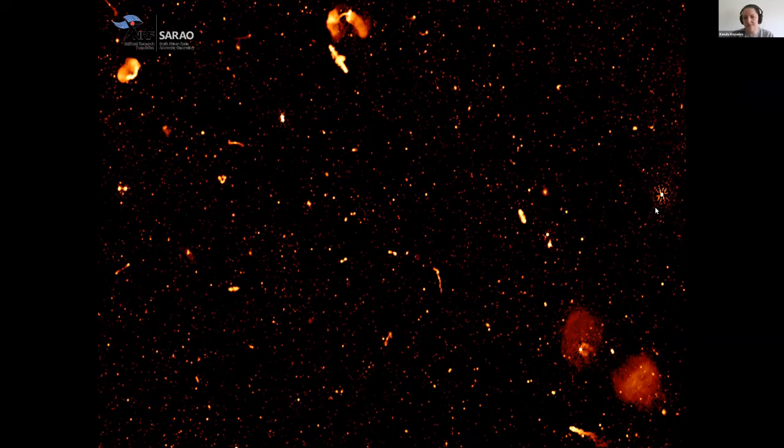This is a bright, couple of tens of millijansky source within the field, and around that source you have these radiating artifacts because of the ionosphere and effects of the primary beam that haven't been calibrated for. So these are the direction-dependent calibration artifacts that you will see in some of the images.